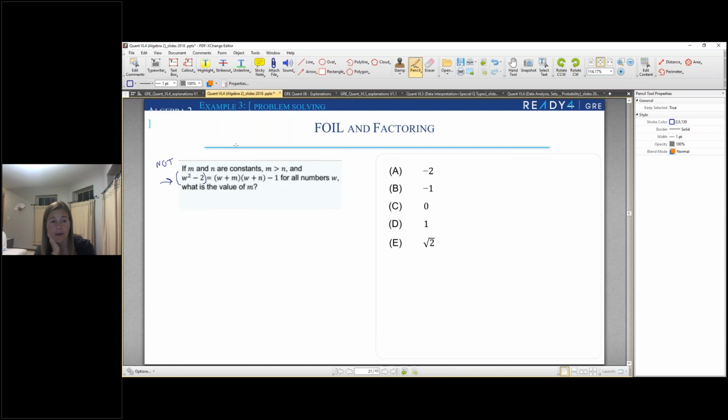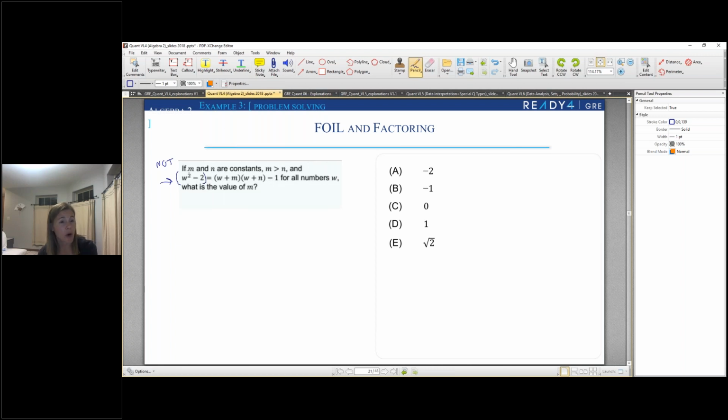What's wrong with 2? It's not a perfect square. Perfect. Okay, it's not a perfect square.